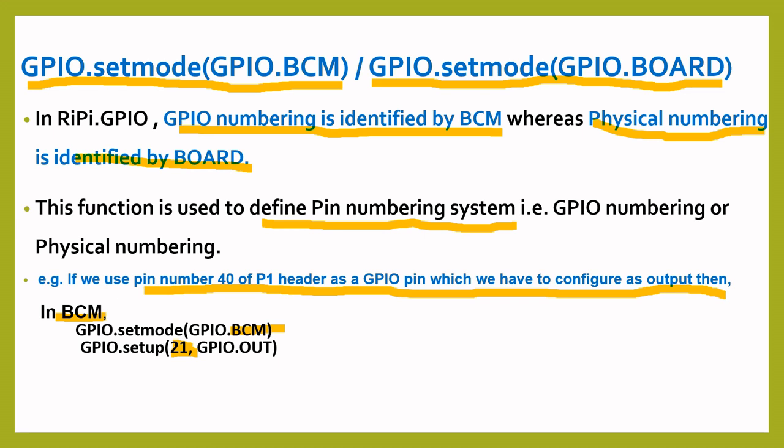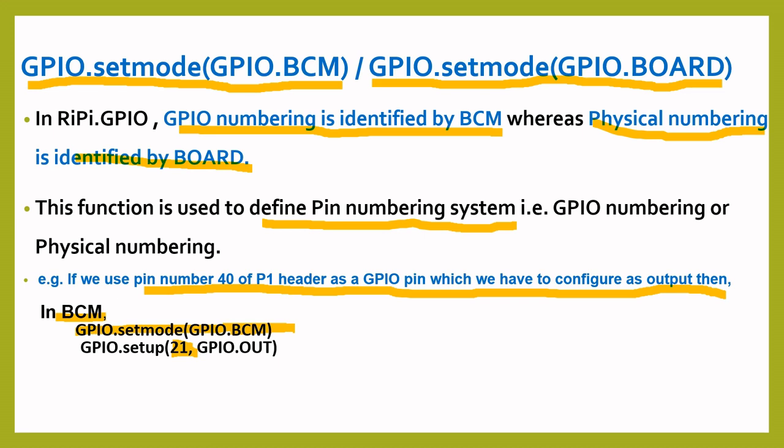I will repeat. In this instruction, when we are going to use one pin as a GPIO pin, then first we have to define it by using this function, GPIO.setMode, GPIO.BCM.